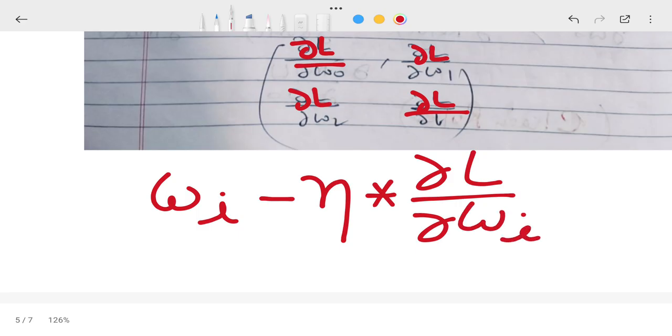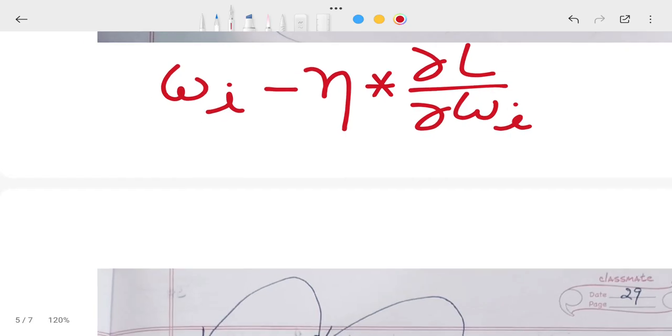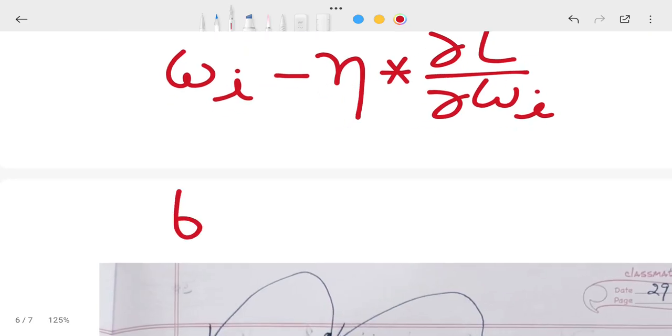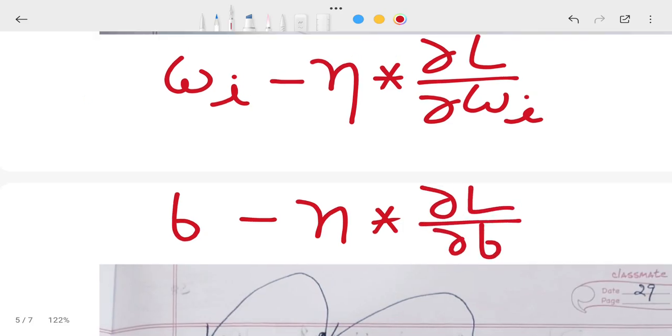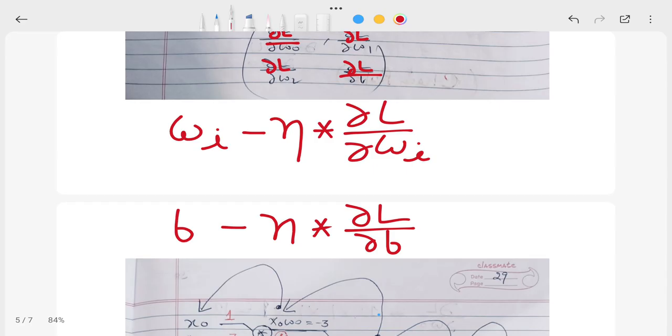In place of this, our target is also to find the bias. What I will do: bias minus step size into d loss upon d bias. This is my target. One by one I will find these and put the value here. That is my updated weight and updated bias.